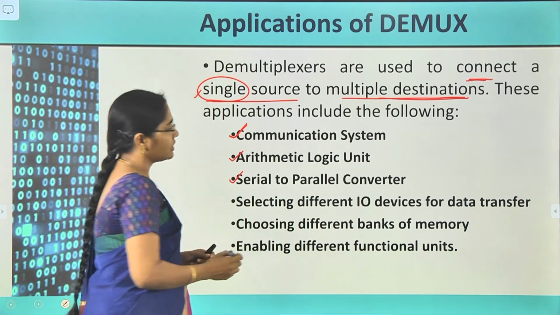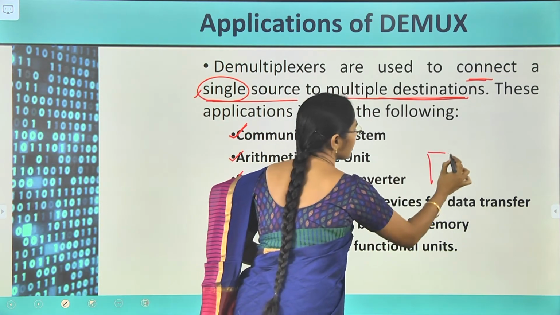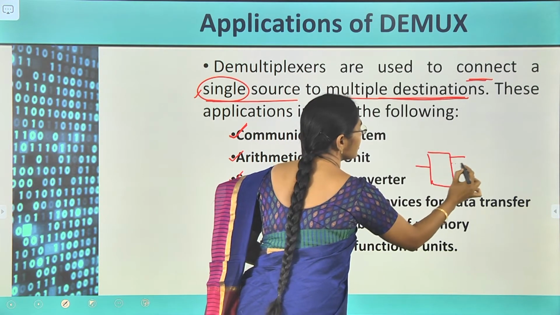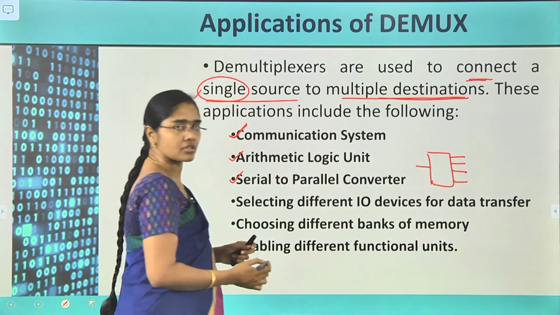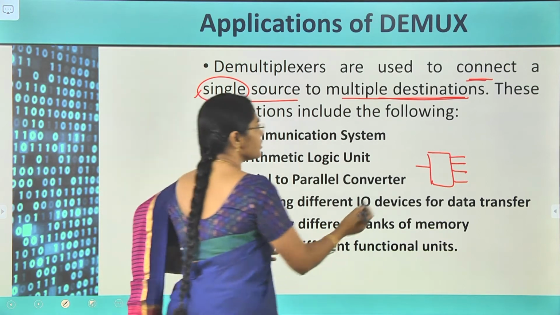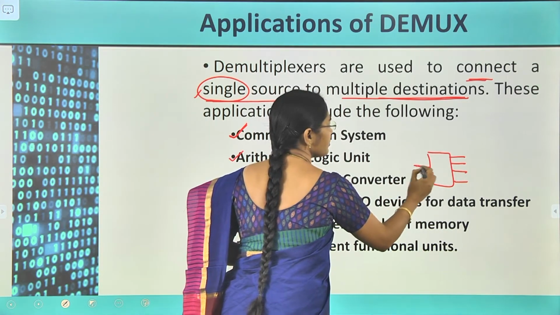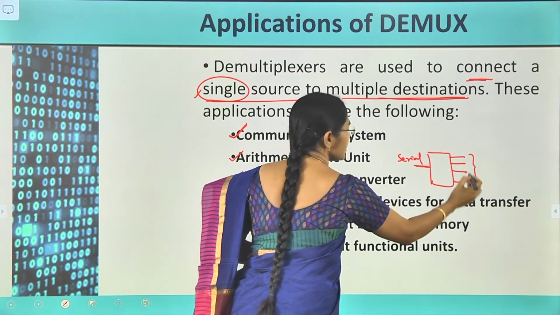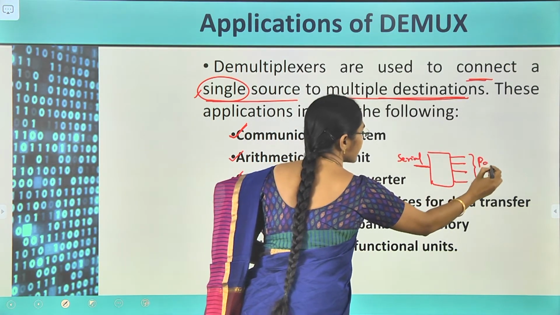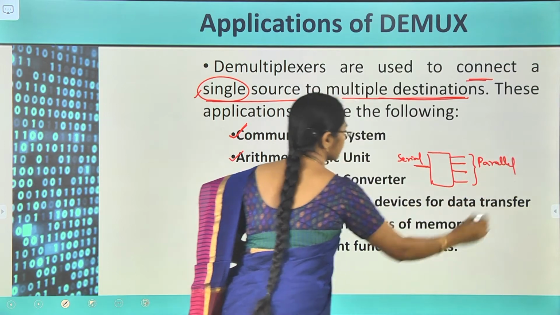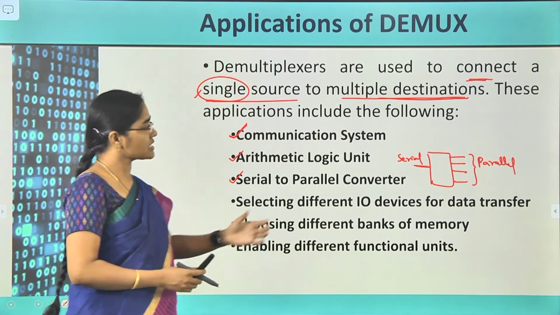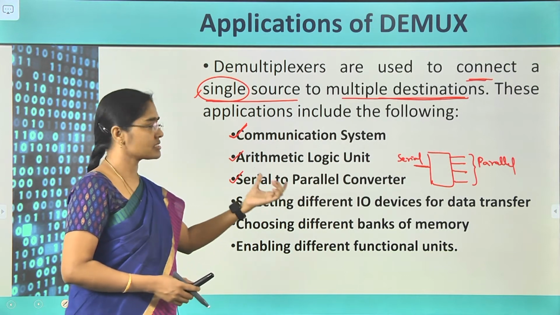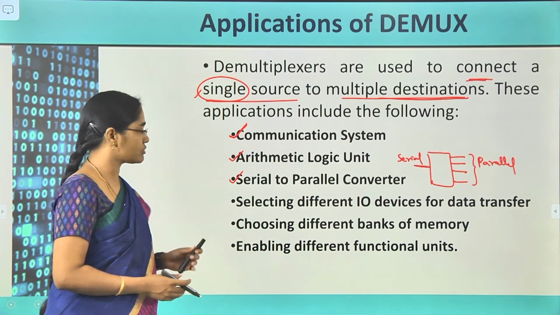That means this demultiplexer is taking one input and distributing to many outputs. Since it is one input, this is called a serial input, and since there are many outputs, these are called parallel signals. So this demultiplexer can be used as a serial to parallel converter also.